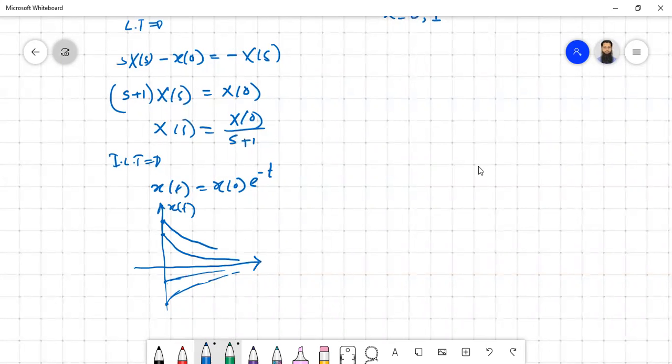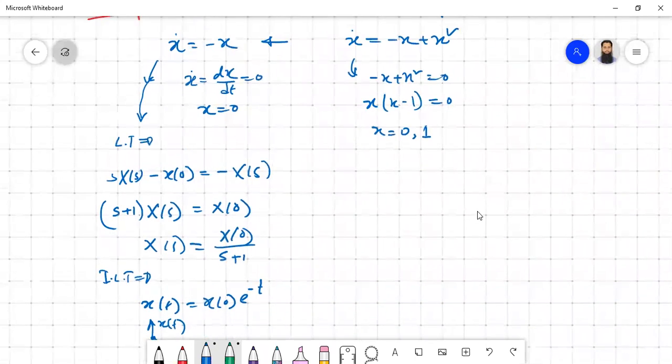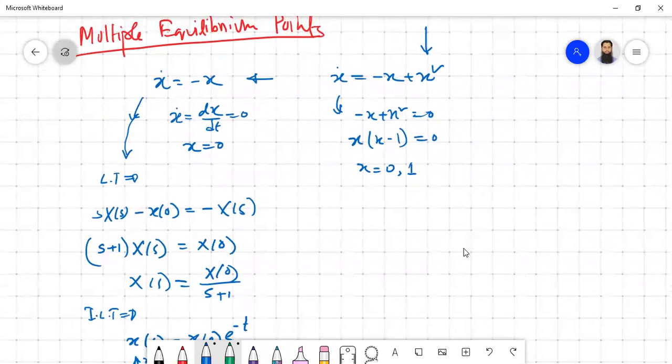But if you have a nonlinear system like this one, which has two equilibrium points, for its solution you cannot apply the Laplace transformation, because Laplace transformation is only applicable to a linear ordinary differential equation. Our equation is not linear, so we cannot apply the Laplace transform.